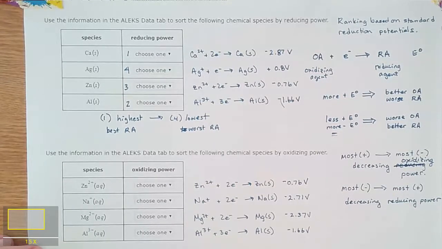Number 1 is the most positive E0 value, and number 4 is going to be the most negative E0 value. So to rank in terms of decreasing oxidizing power, we'll go from most positive to most negative. So 1 is highest oxidizing power, going to 4 lowest. We can think of that as best oxidizing agent going to worst oxidizing agent.